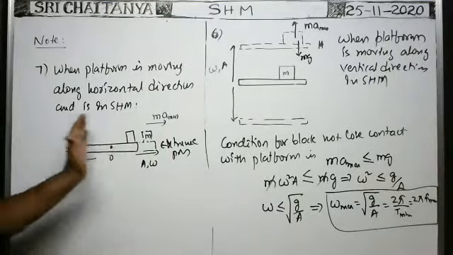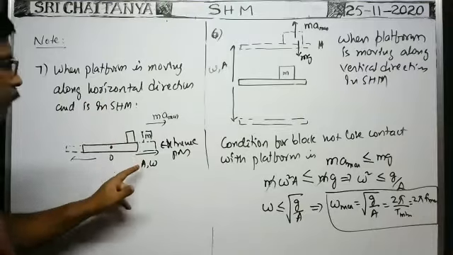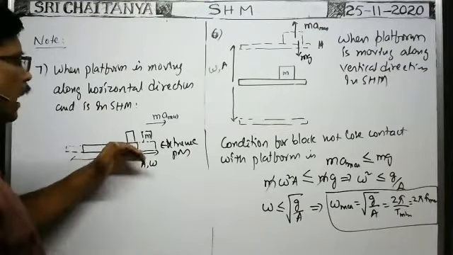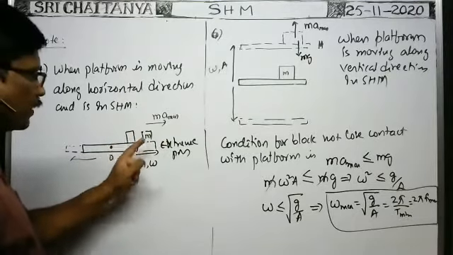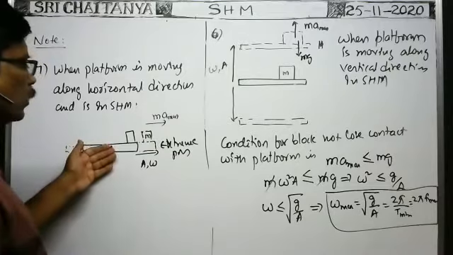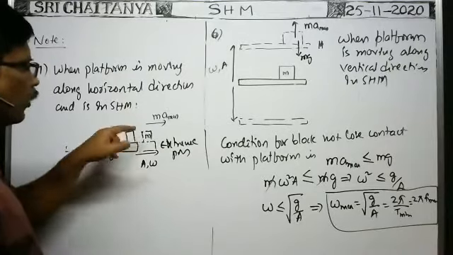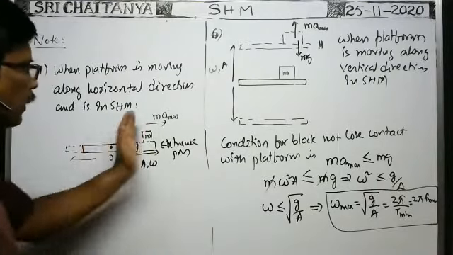So whenever the platform is moving along horizontal direction and making oscillations with angular frequency omega and amplitude A, whenever the platform reaches the extreme position, it has maximum acceleration A max towards the mean position. So the block kept over the platform experiences maximum pseudo force away from the mean position, in this direction.